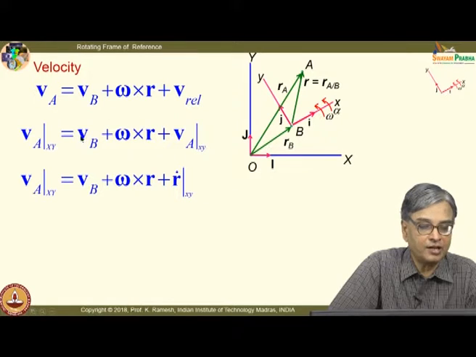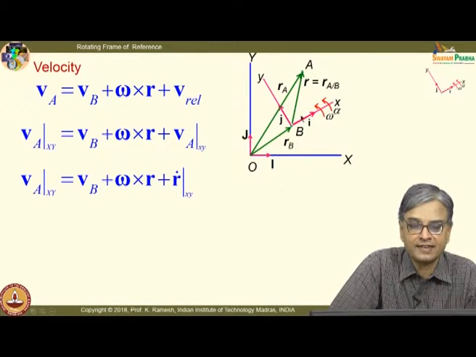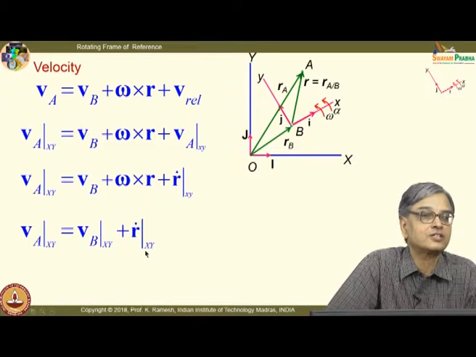And this could be rewritten in this fashion. I can look at this as r dot xy, and this is what I have said, that the position vector is r. I can also rewrite this as V A with respect to capital XY, V B with respect to capital XY, and r dot with respect to XY.